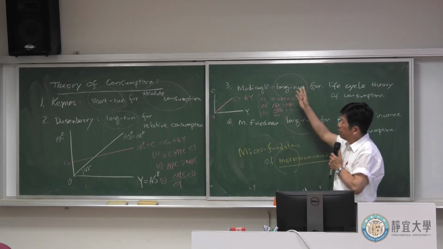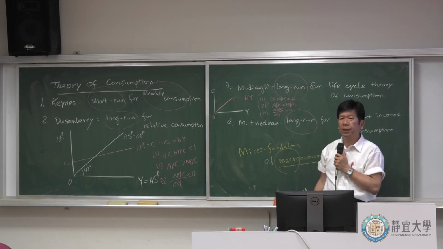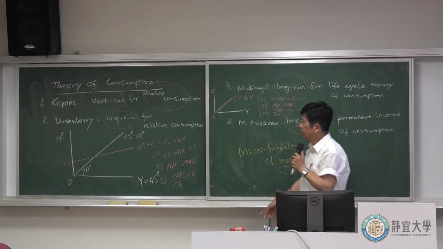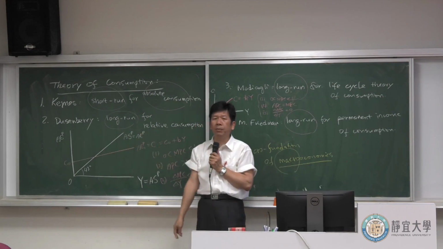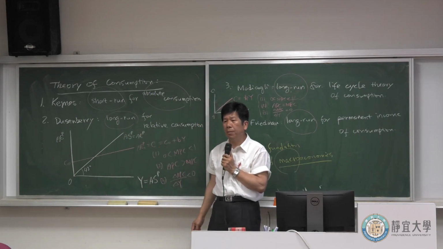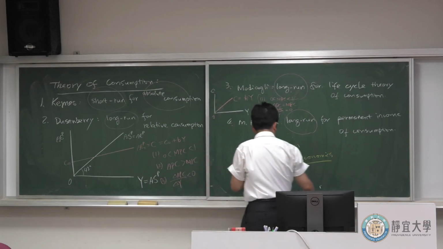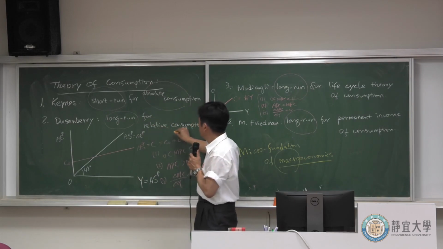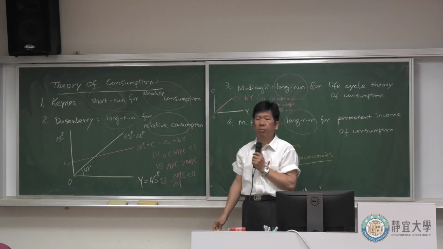What is the difference between them? The first one is Duesenberry. Duesenberry mentioned that consumption behavior does not depend on absolute consumption, but on relative consumption.